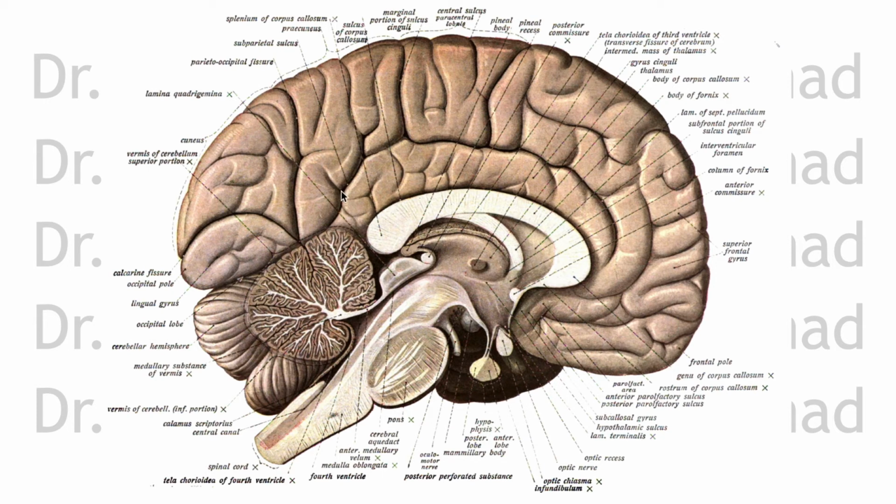Okay, so these are the features of the medial surface of the cerebral hemisphere. Yes, I know many terms, many names, but you will get used to it and try to understand the functions and relations of each part to the other.